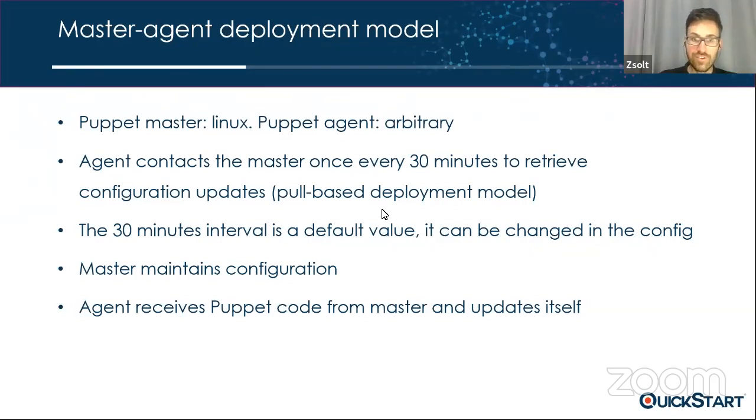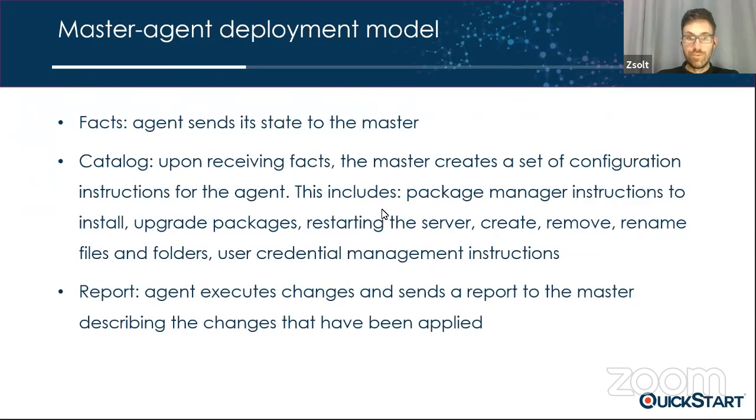This is the idea. So in case of the master agent deployment model, the first step from the agent's end, after ensuring that a secure communication channel is established, so the agent has a certificate to communicate with the master. So the first step is that the agent sends the master its current state, and this current state is called facts. So facts are a set of state attributes that the master can interpret.